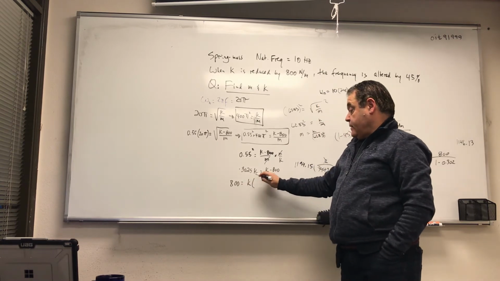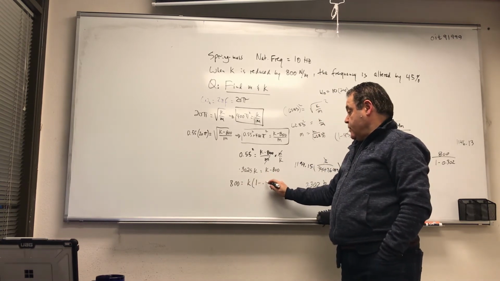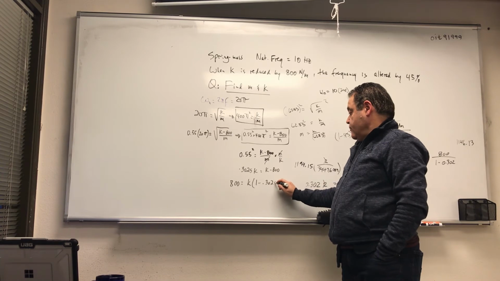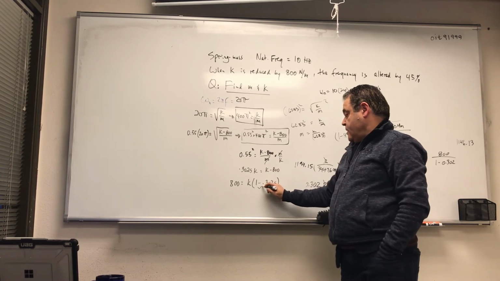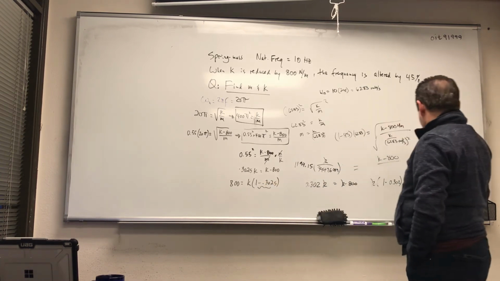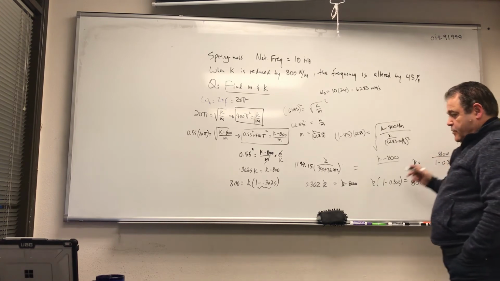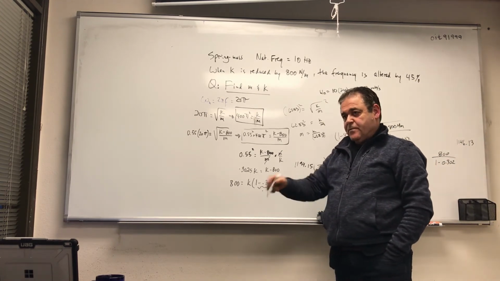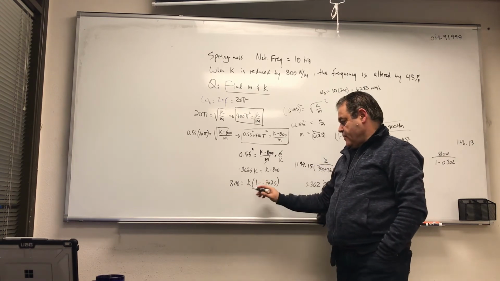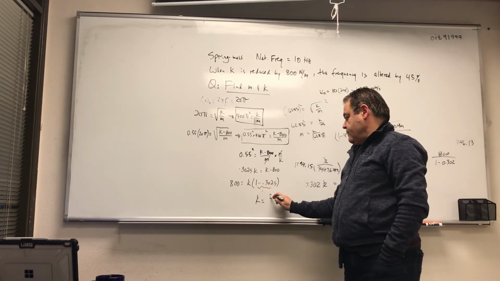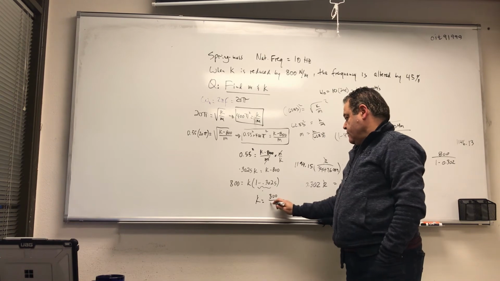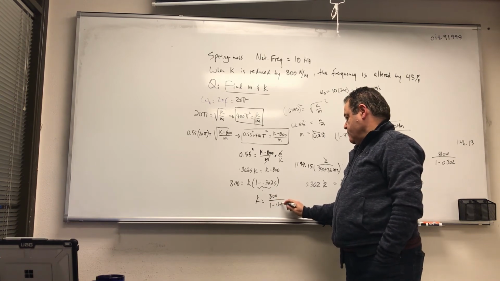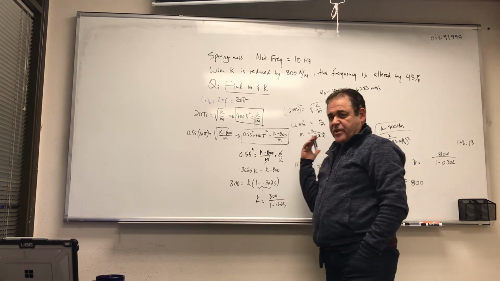And then factor out the k, 1 minus 0.3025. This is probably the same thing you have, pretty close, 1,146.95, which is the same thing. And from here, k will be 800 divided by that. So the solution is fine.